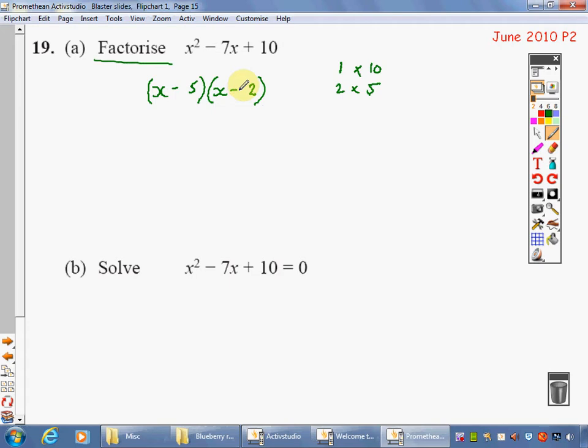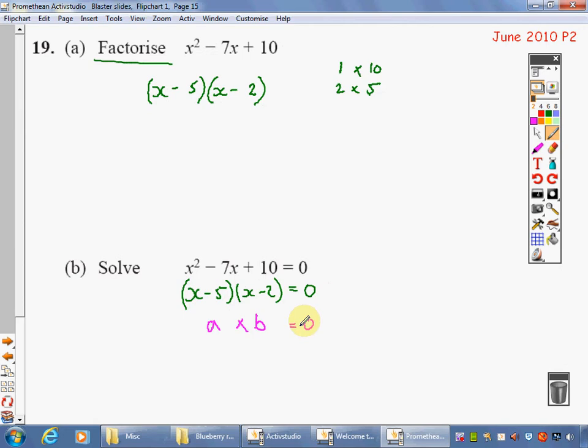Part B. Solve x squared minus 7x plus 10 equals 0. I can rewrite that to be x minus 5, x minus 2 equals 0. I've got two brackets there. I've got bracket A and bracket B, and they're multiplied together to give me 0.